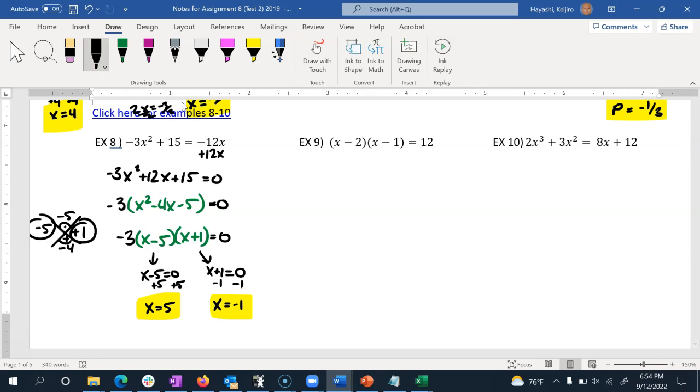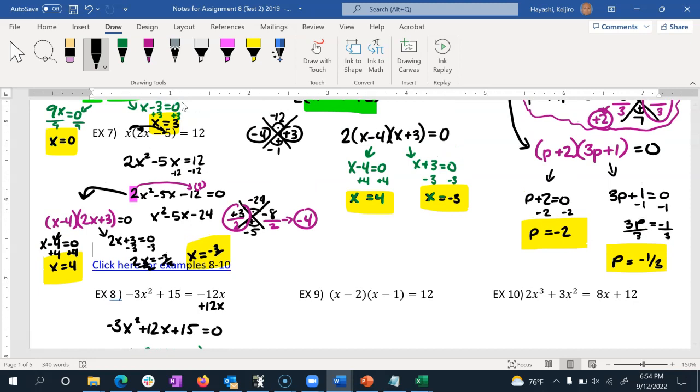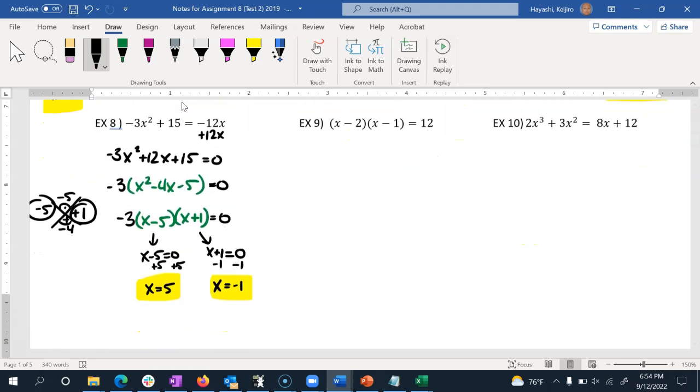Now, example 9, similar to example 7, looks kind of like it's factored on the left, but it's not equal to 0. So it doesn't matter that the left-hand side is factored into x minus 2 and x minus 1. That doesn't give us anything meaningful because it's not equal to 0.